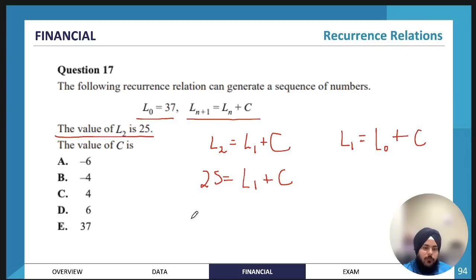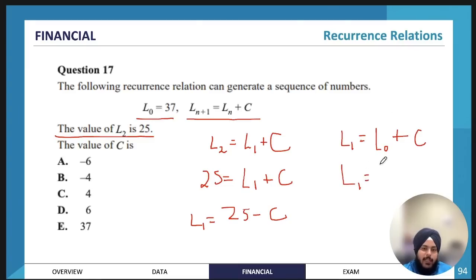So what we can do is rearrange for L1. L1 is equal to 25 minus C, essentially. We move C to the other side, just using basic algebra here. And then in terms of L1, we know what L0 is.